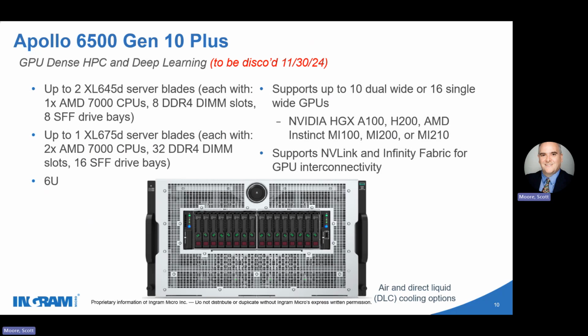But if you have an application that can take advantage of GPU compute, in a lot of those applications, you won't necessarily need the latest, greatest processors. If your compute is primarily driven by GPUs, regardless of the fact that we're talking AMD EPYC 7000s in here, you have a ton of GPU compute available in this box.